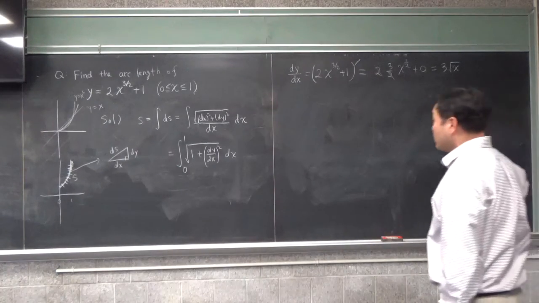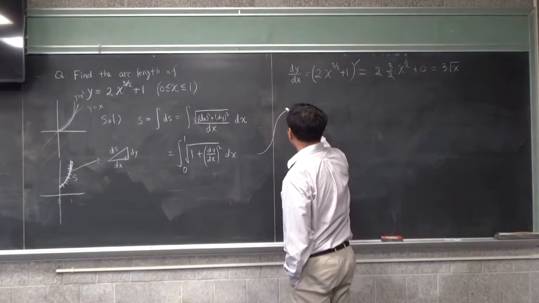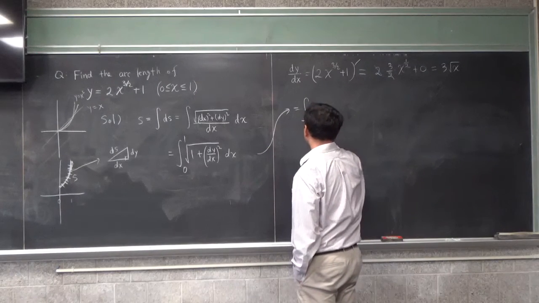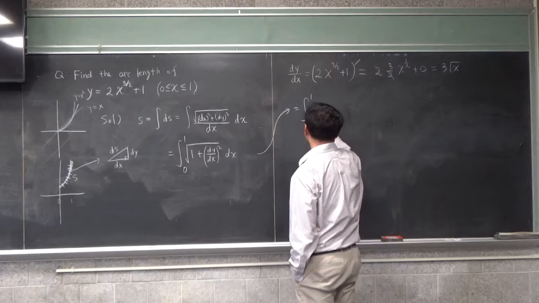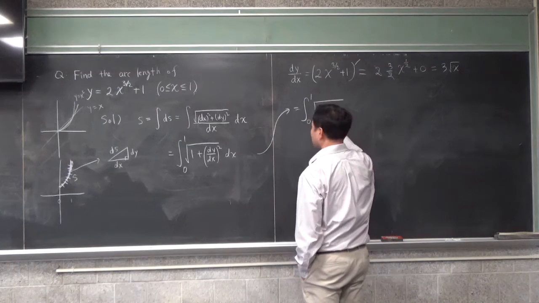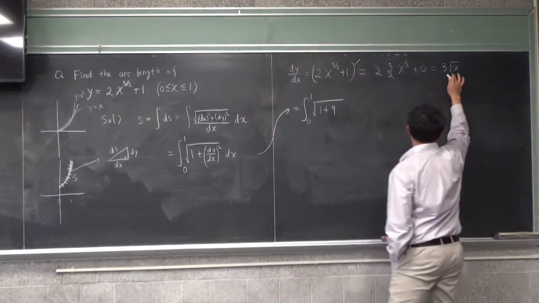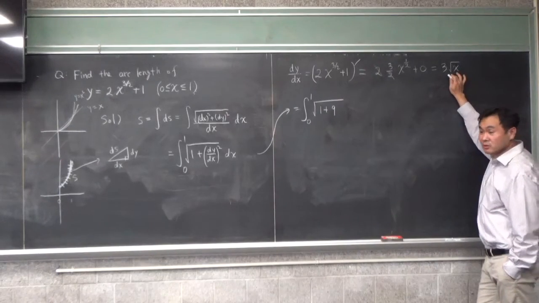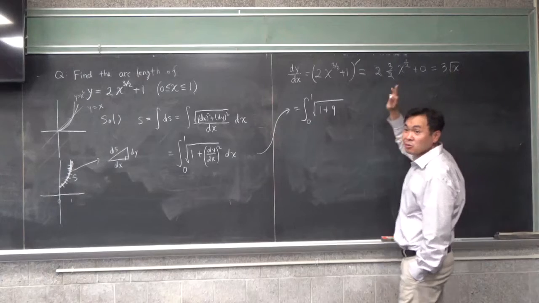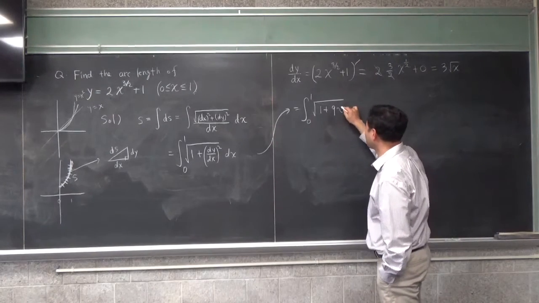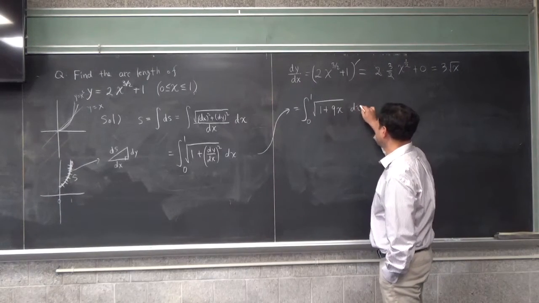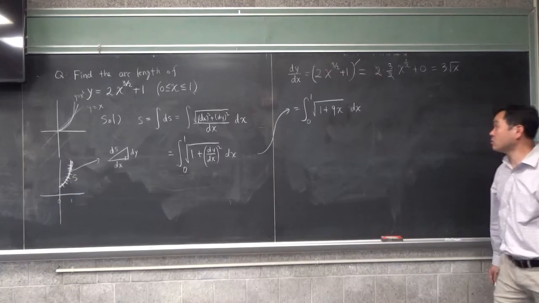Okay, so that means I can plug that in here and get integral from 0 to 1, square root of 1 plus 3 squared is 9 times square root of x squared. The square root pops out. It just cancels the square root and you just get x, right? So that's what we have to do.